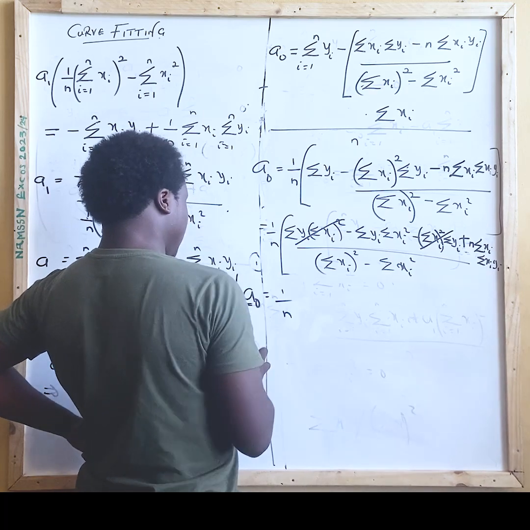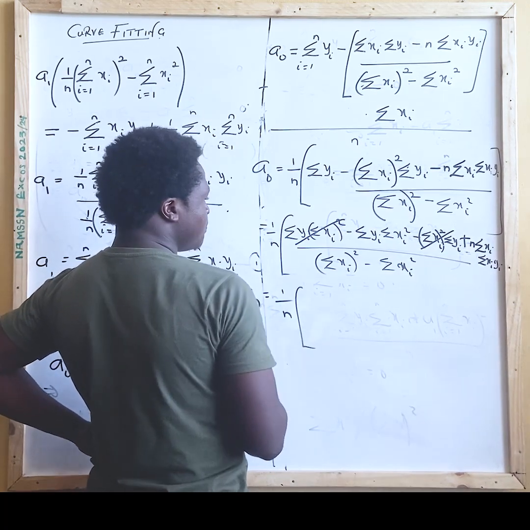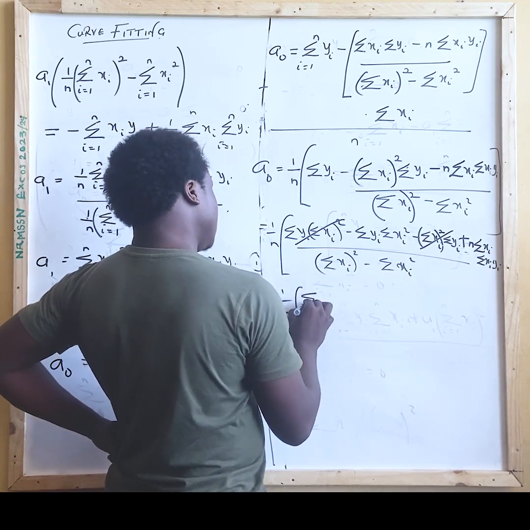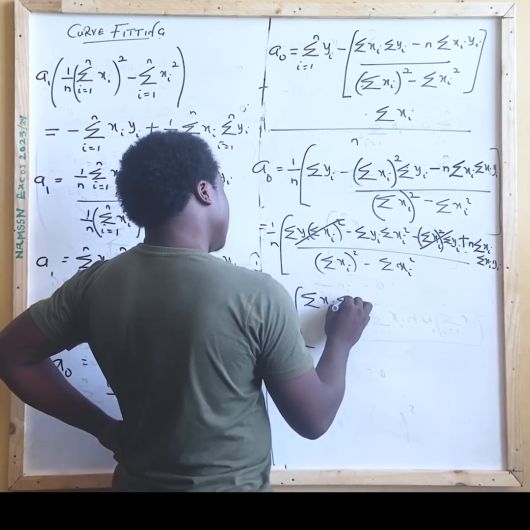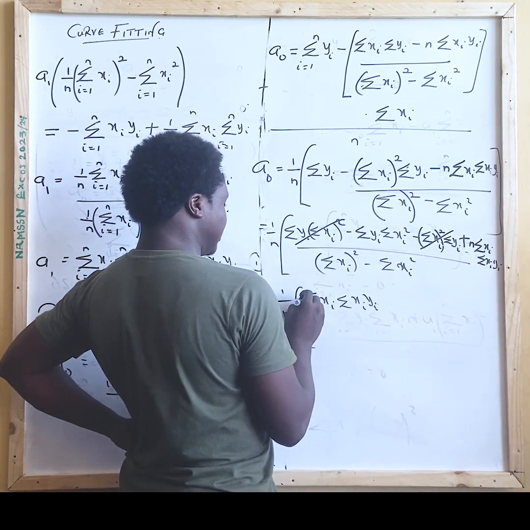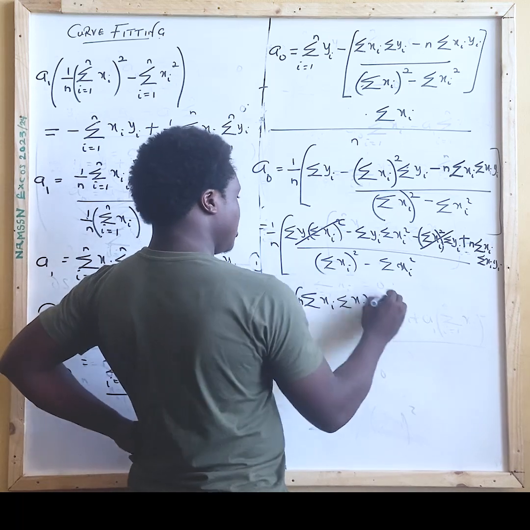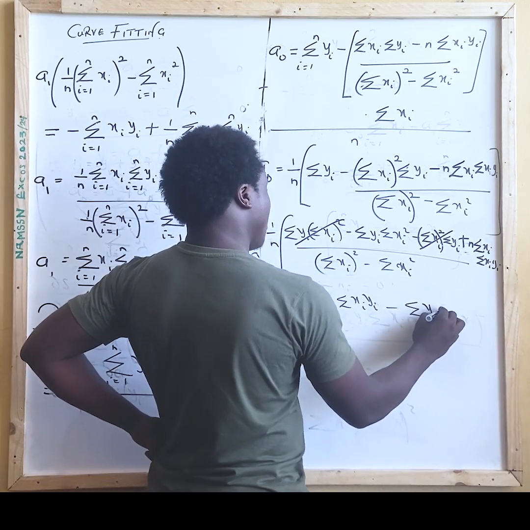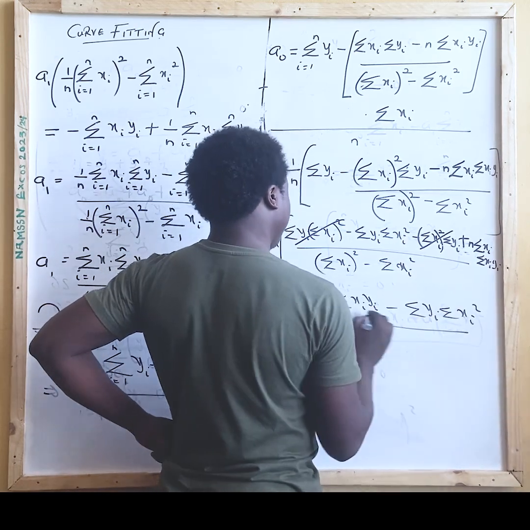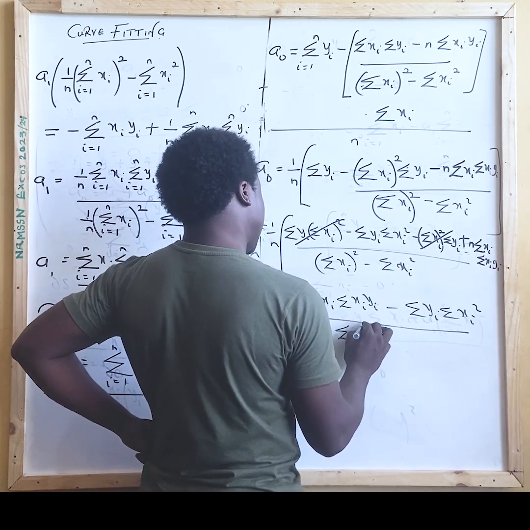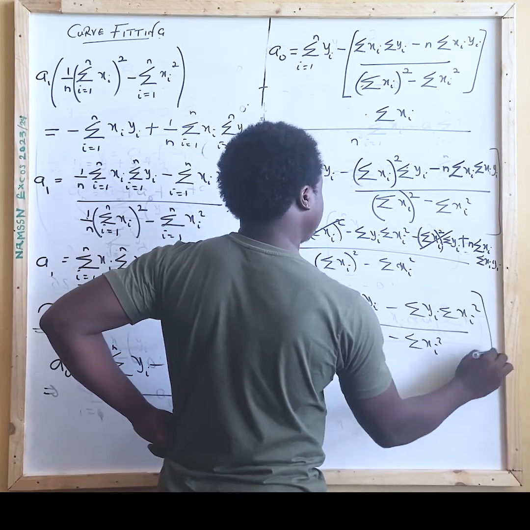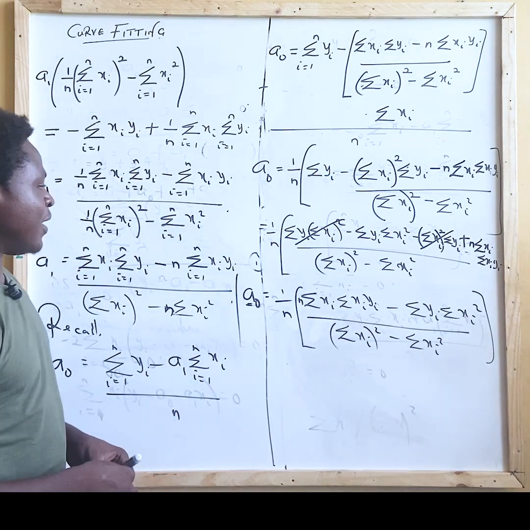So our a naught is 1 over n into summation xi summation xi yi, for this one, that's an n somewhere here, n minus summation yi summation xi square over summation xi square minus summation xi square. So this is what we use to get our a naught.